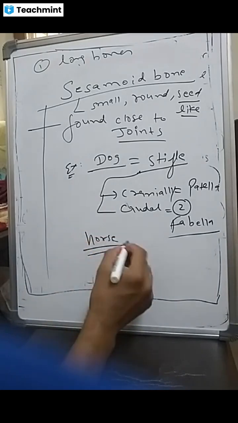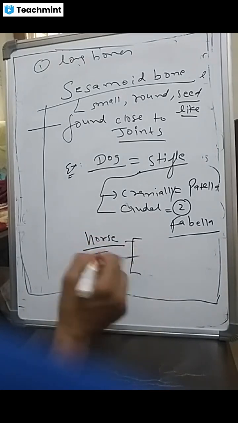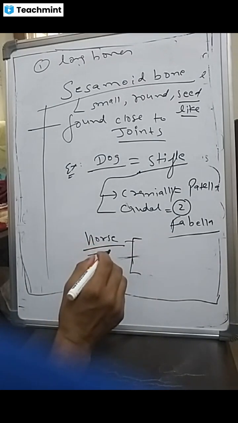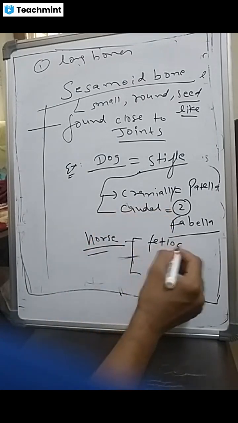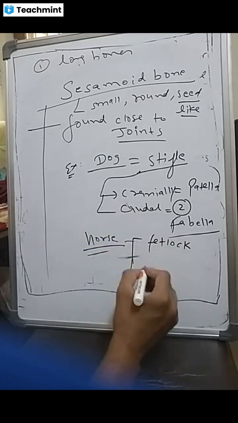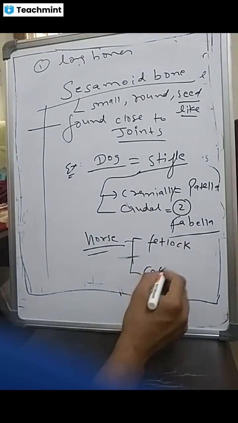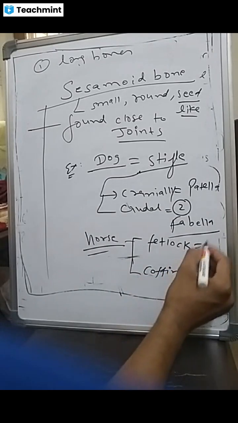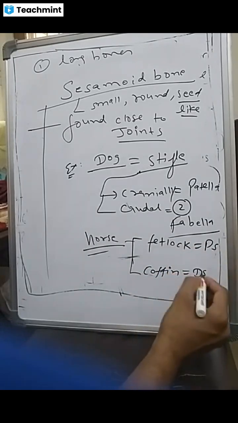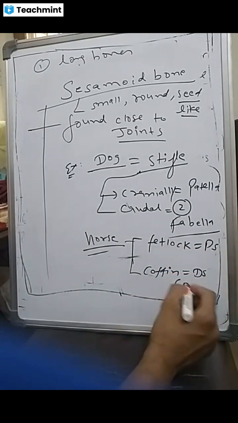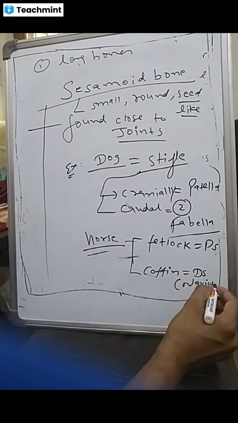In the case of the horse, they are also found near the joint. For example, the fetlock and the coffin joint: proximal sesamoid here, distal sesamoid, the navicular bone.